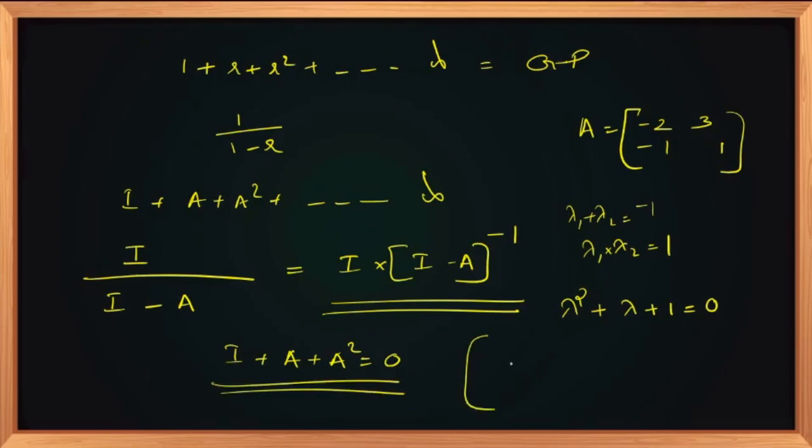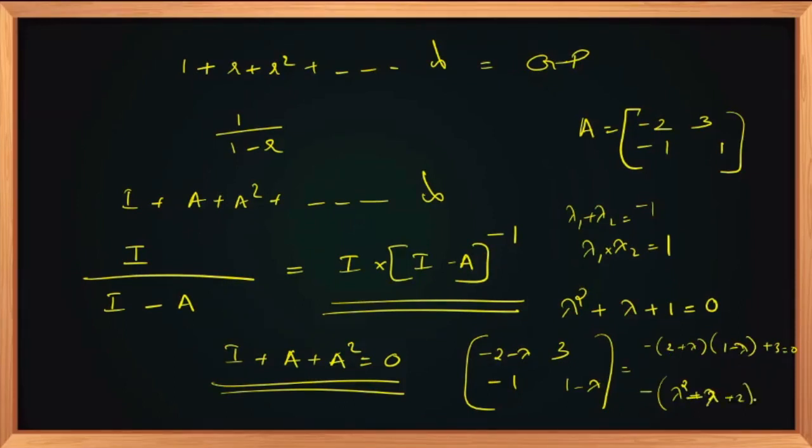Let me check. Minus 2 minus lambda, 3, minus 1, 1 minus lambda. So if I multiply, that will be minus of 2 plus lambda into 1 minus lambda plus 3 equal to 0. Minus of lambda square plus 2, sorry, minus 2 minus lambda plus 2 plus 3 equal to 0.